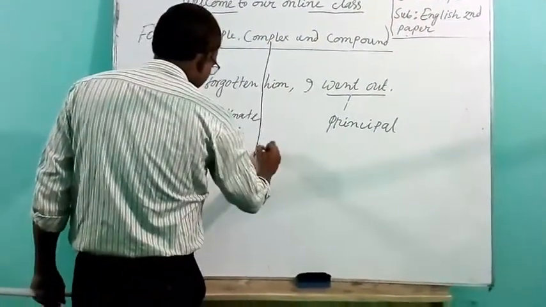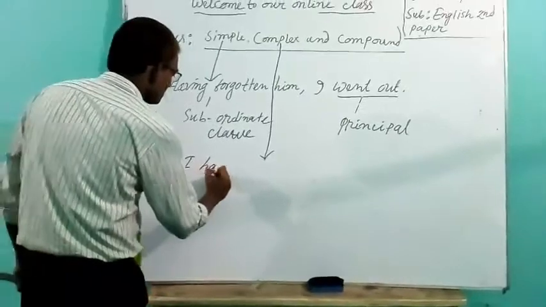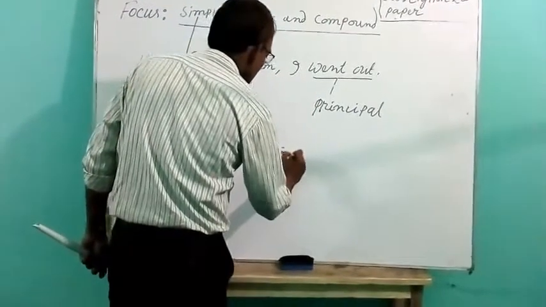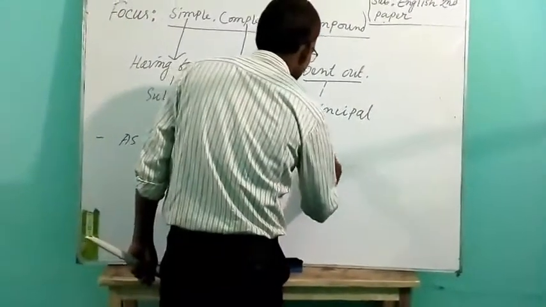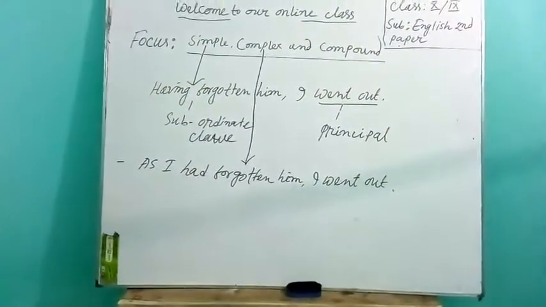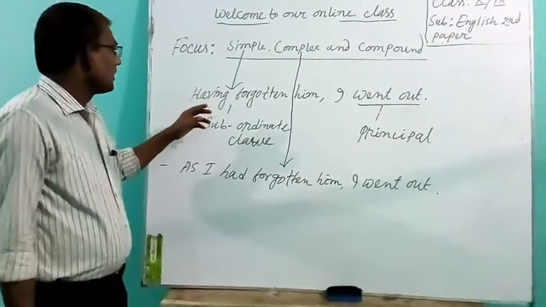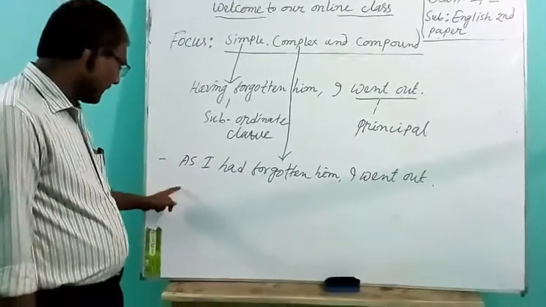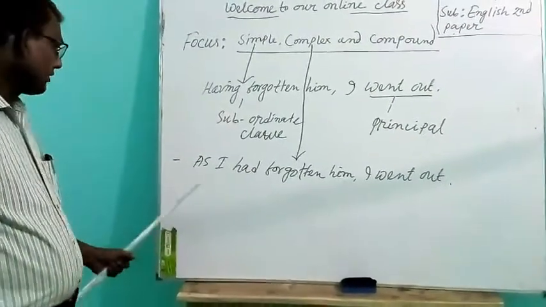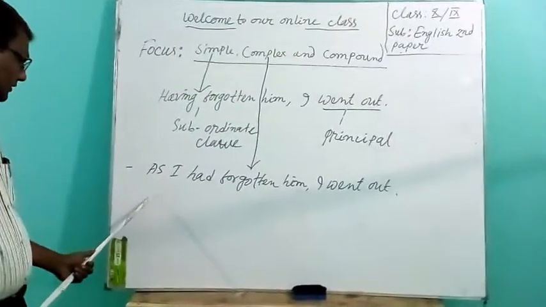Complex sentence, dear students. Simple sentence changes to complex sentence. A complex sentence uses different kinds of subordinating conjunction at the beginning of the subordinate clause.